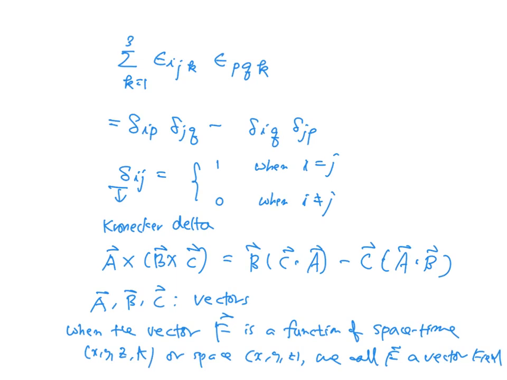So when we say vector field, then it's a vector, but it also depends on the position and the time, or sometimes just the position.